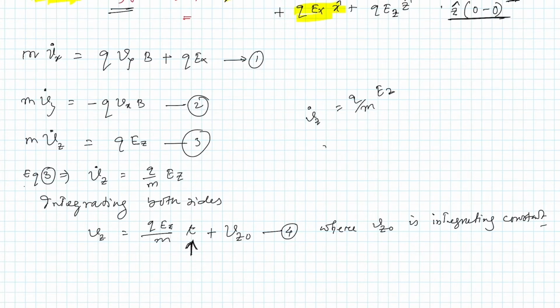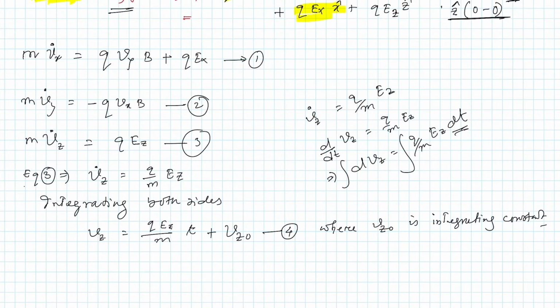That means dVz by dt is q by m Ez, which can be written as dVz is equal to q by m Ez dt. Now if you integrate both sides, then the integration of dt is t. That's how we have got the t. Hope you have understood this.